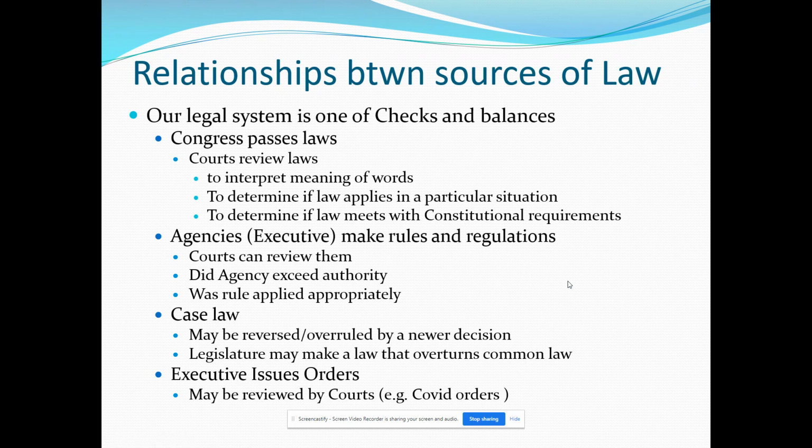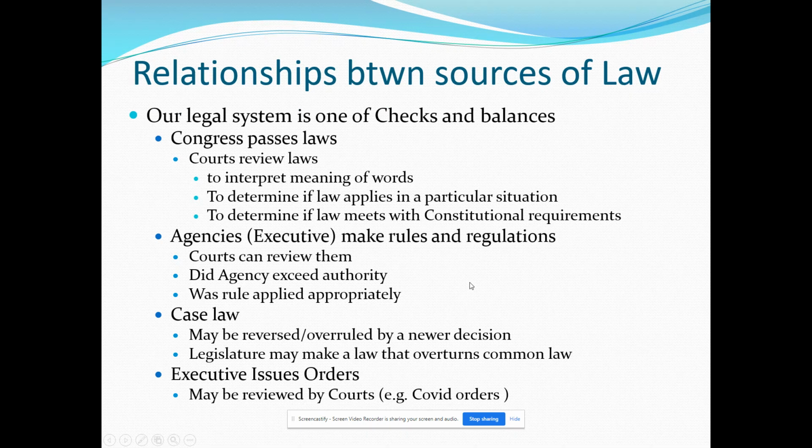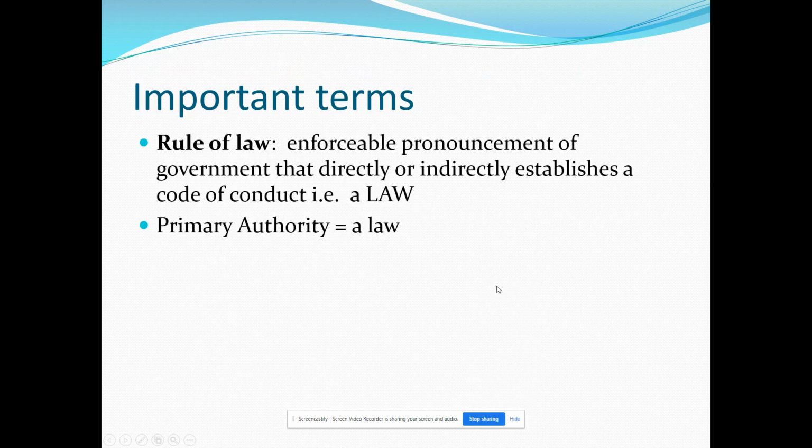So that's kind of just an example of courts checking executive orders. So those are kind of all of our laws and how they work in relation to each other.